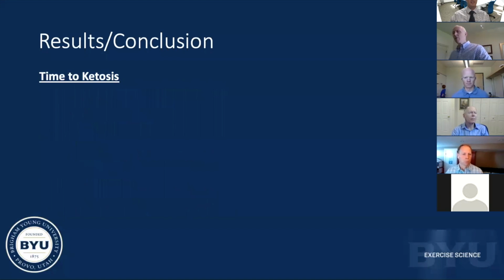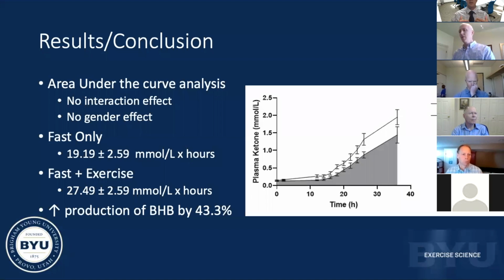The other analysis that we did, we wanted to see, so we mentioned nutritional ketosis was 0.5, right? So if we look back at our chart here, we can see 0.5. If we follow the line over and down, we can kind of get a rough idea of where people were landing at this 0.5 level.